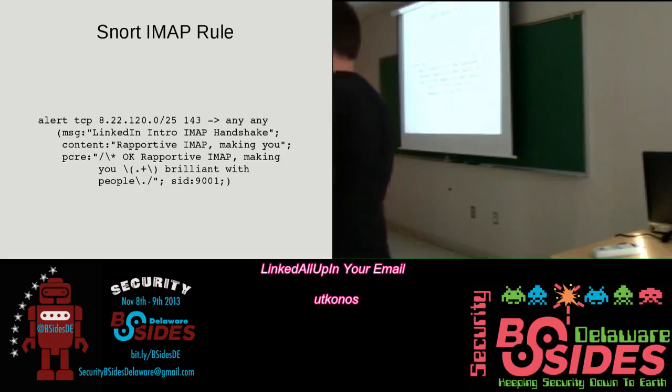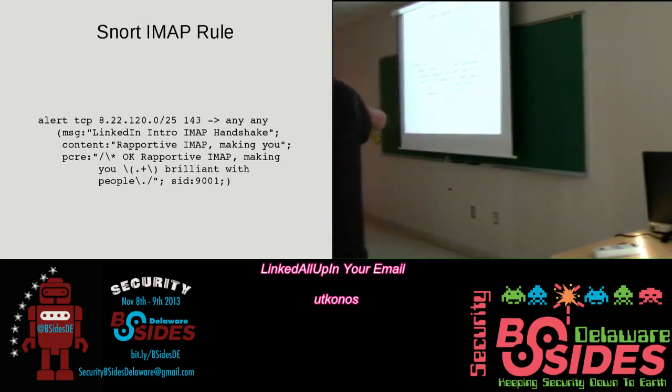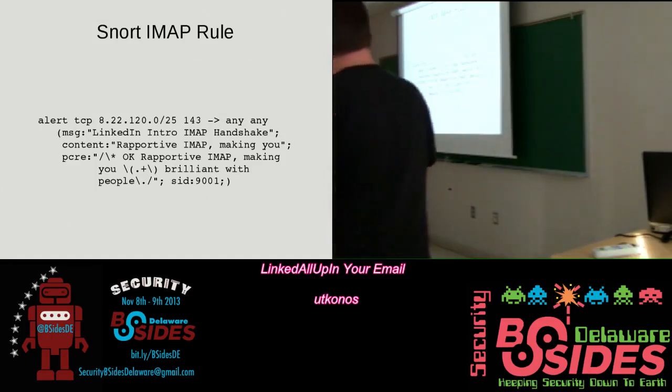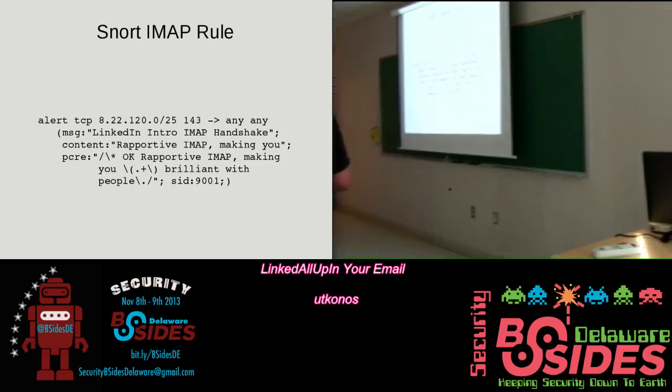This is actually just to make the Snort rule fit on the screen, because a /25 is more IP addresses than they're using for their servers. But if you don't use CIDR notation in your Snort rule, you actually have to write out all of those IP addresses, so it wouldn't fit on the screen. So when you use it at home, if you want to use the Snort rule, I would suggest removing this and making it just for the servers that are involved.